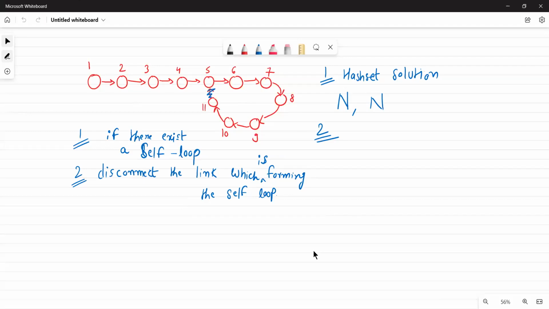No, but I understood the logic, like using a hash set. It's fine. Hash set is fine. I was talking about some other solution in which you don't use extra space complexity.